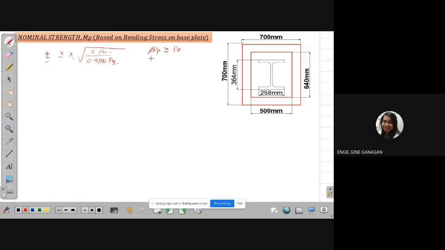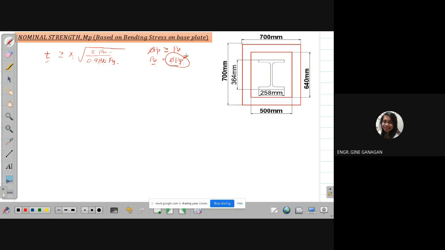Okay? So ang PU natin dito is equal to PP. PU is equal to PP. And then yung PP natin, okay. So ito. Yung PU natin is equal to this. So ito yung hinahanap natin, the design.